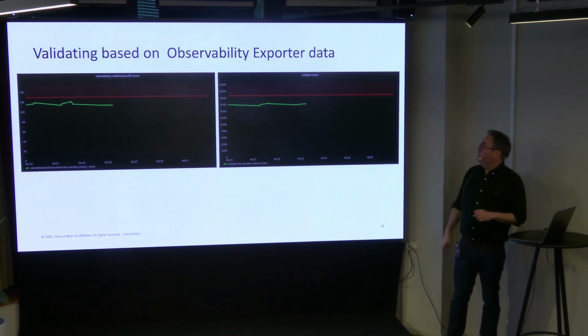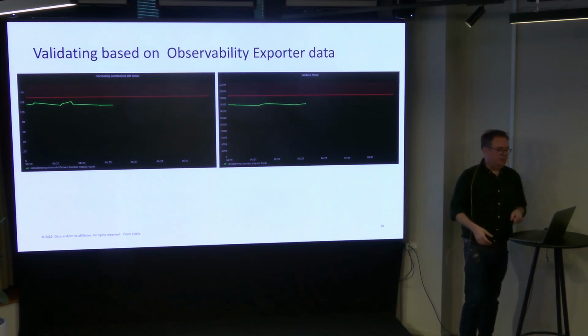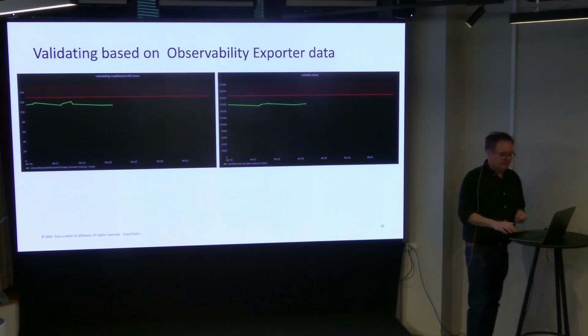And then there's also a validate. I think it's very easy, since we have everything in Influx. It's easy to do the validation on things that we get from the observability exporter as well.